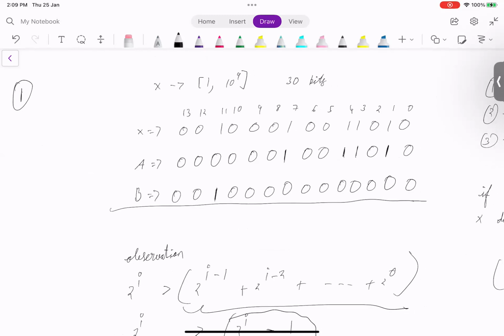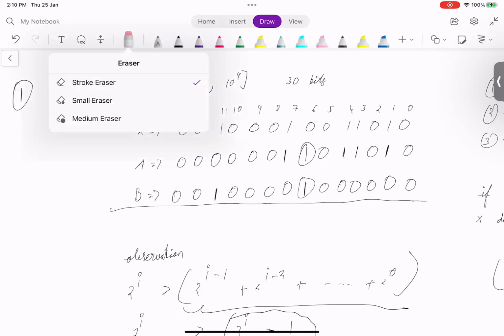In this arrangement, wherever we have an unset bit in X, we kept it unset in both A and B, right? But there can be a few cases where we can set those bits. Like this is one possible A comma B pair, but if we observe, though I set this bit here, still it will satisfy all the three conditions, because when we XOR, these two values will become zero, right?